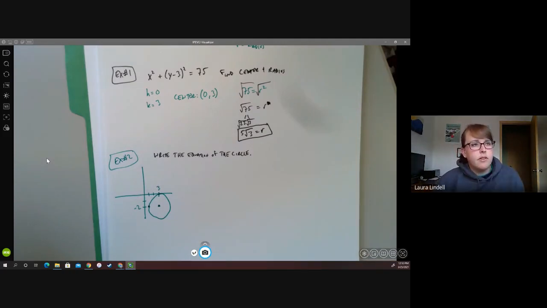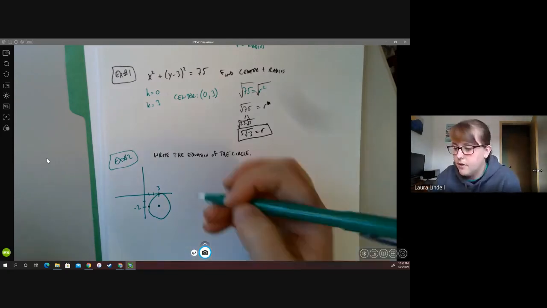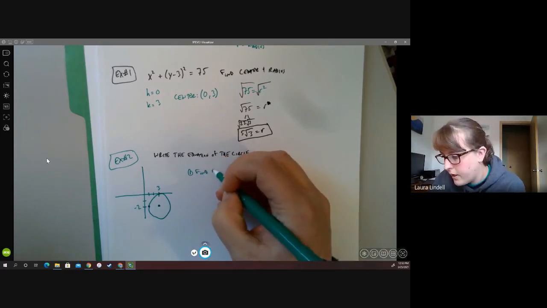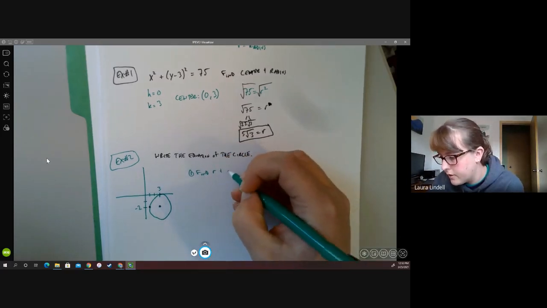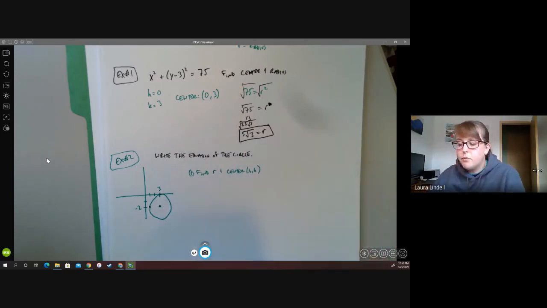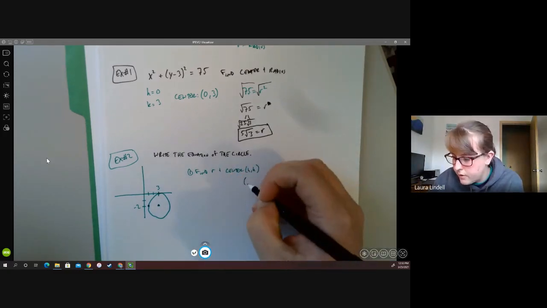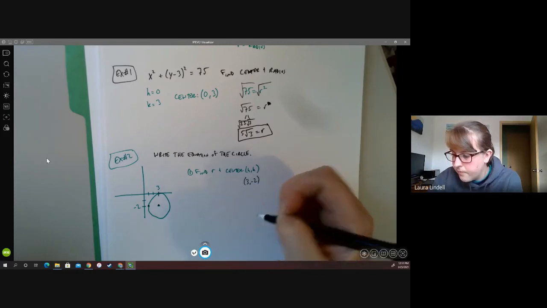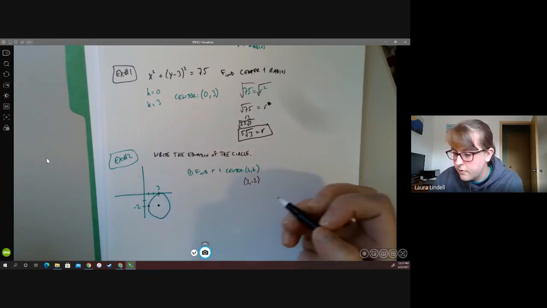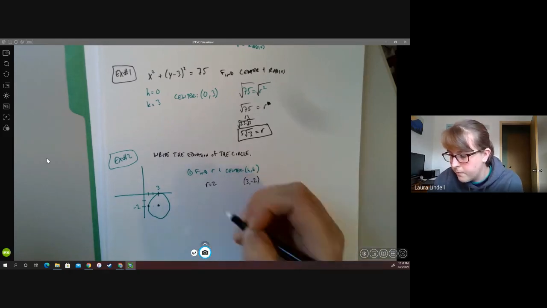All right, so in order to write a circle equation, we need to identify two things. We need to find the radius and the center. That's step one. Step two is just to plug stuff in. We know that the center for this one is (3, -2). The radius, you can just count out from the center, 1, 2. We notice that the radius is 2.